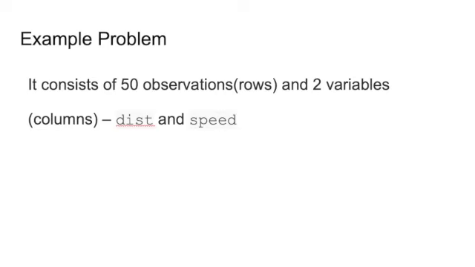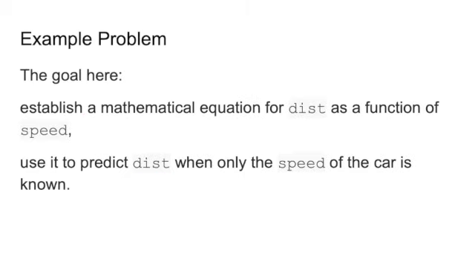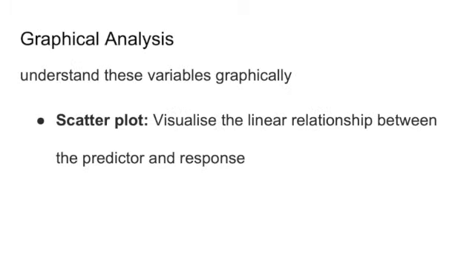Whether in your assignment or in other projects, figuring out which column is your independent variable and which is your dependent variable is very important. The goal here is to establish a mathematical equation for distance as a function of speed, and then we can use it to predict distance when only the speed of the car is known.